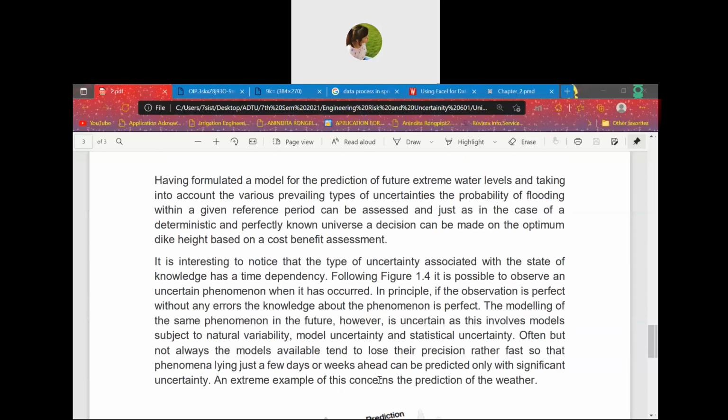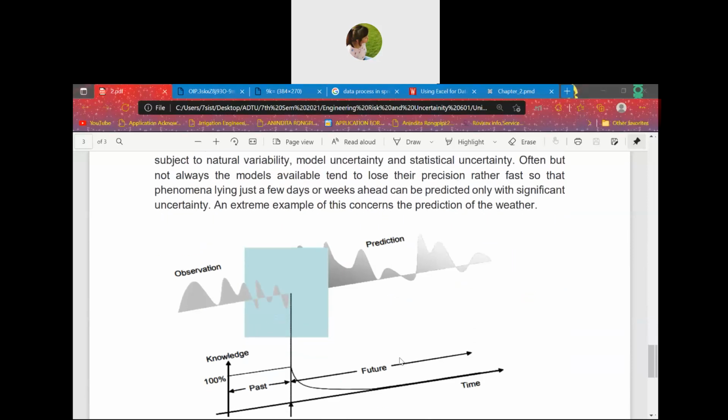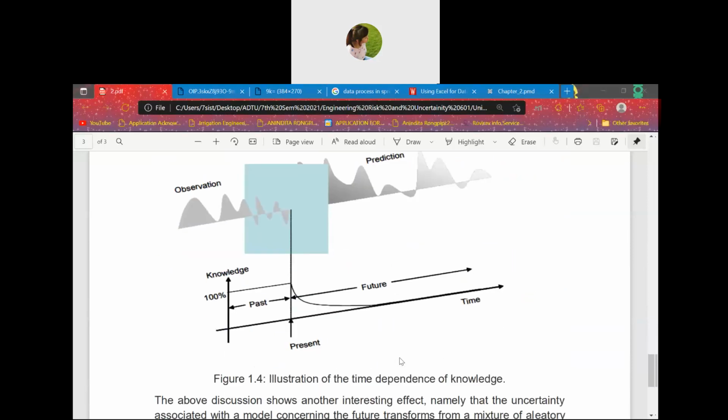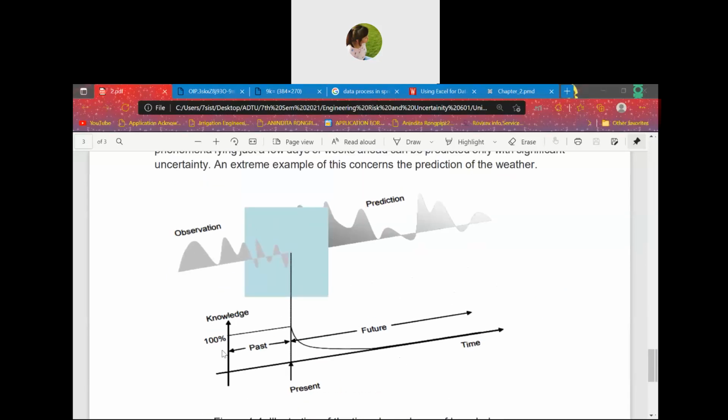An extreme example of this concerns the prediction of the weather. Here you can see the weather prediction given as an example for illustration of time dependence of knowledge, in the past time, the future time, and the present time. Time scale and knowledge scale.